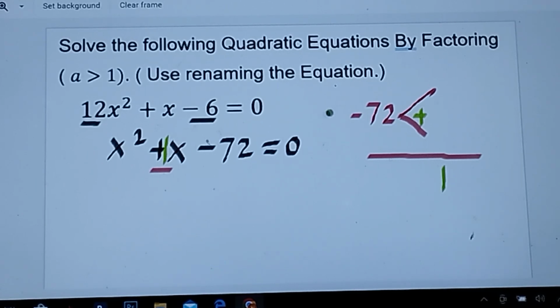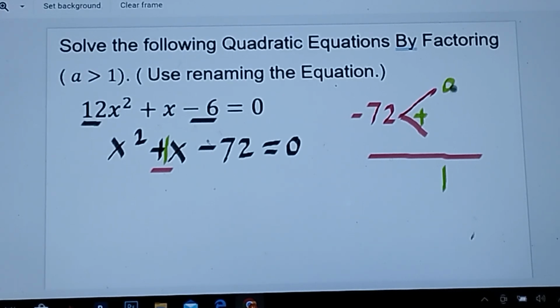If you are going to try out, there are so many pairs of factors. But the factors of 72 here whose difference is just 1 are 9 and 8. Since the product is negative, then one must be negative. So 8 is negative while 9 is positive.